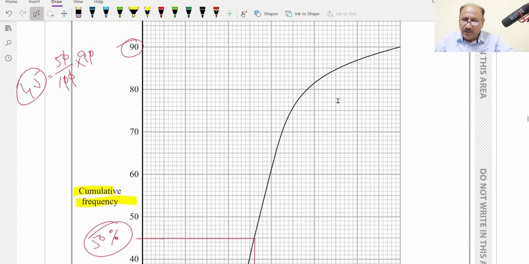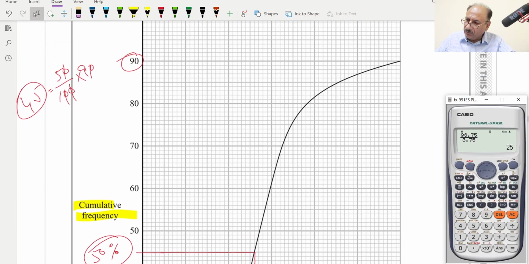So 90 minus 25 will be how much? 90 minus 25 will be equal to 65. So we will check from here. Basically we will be checking the upper quartile.